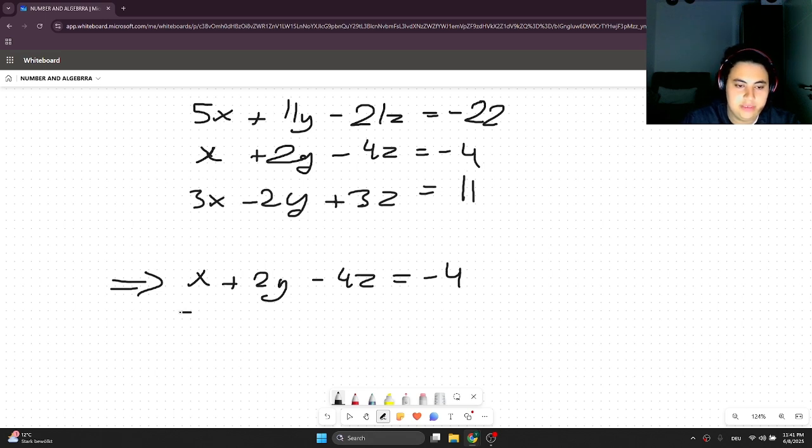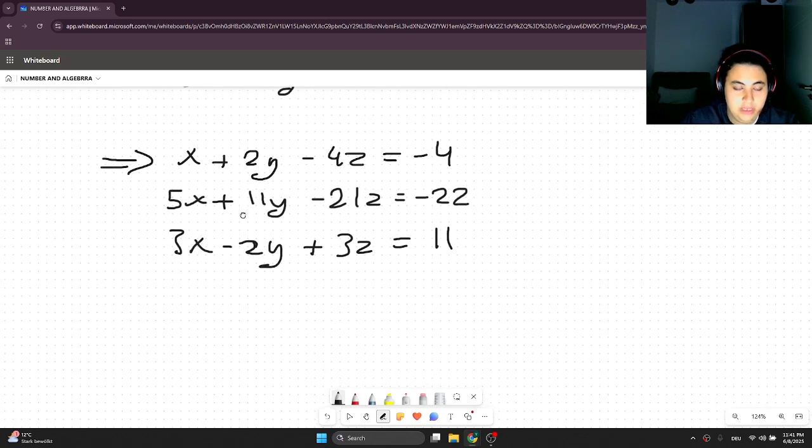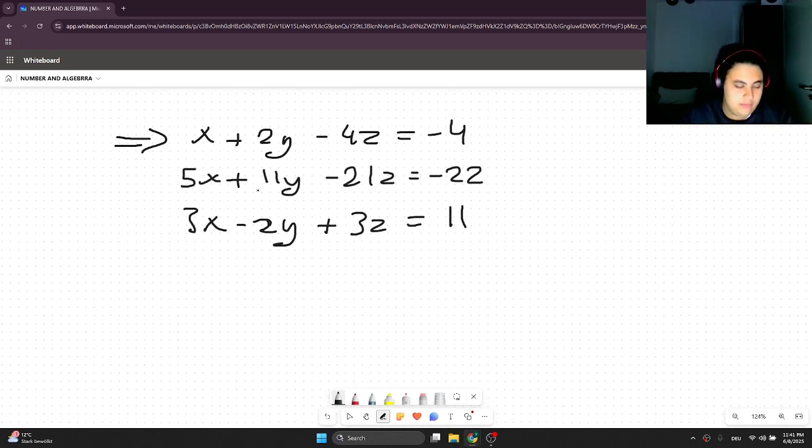After that, I'll write 5x plus 11y minus 21z is equal to negative 22. And finally, the last one, 3x minus 2y plus 3z is equal to 11. Okay, so now this is our system of simultaneous equations, and now we can start solving.